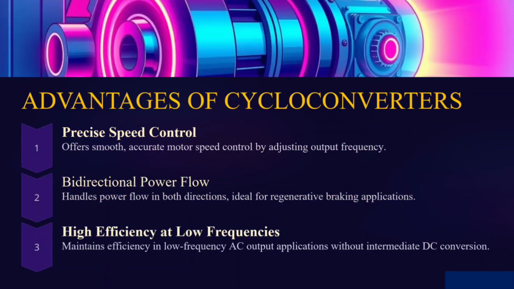Then these are some advantages of cycloconverter. Precise speed control: by varying the output frequency, it offers very smooth speed control of a motor. Then bidirectional power flow: it handles power flow in both directions, so if power flows from load to source, it is ideal for regenerative braking applications.